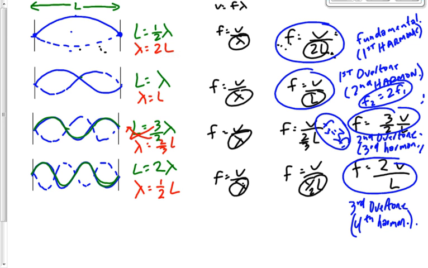A half V over L, now we've got 2V over L. It's 4 times the value of the first one, hence the fourth harmonic. We're going to say F4, the fourth harmonic, is 4 times the value of the first harmonic. Make some sense?